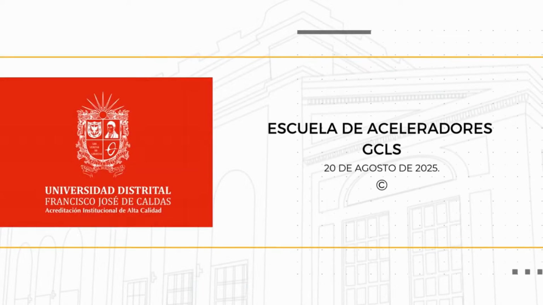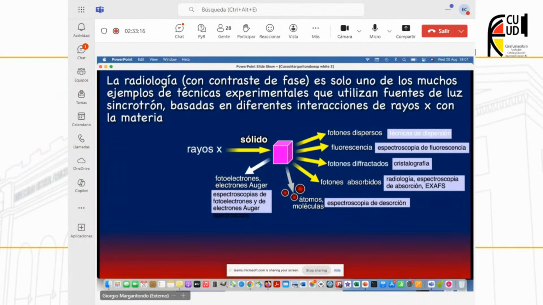That is, that there are many different interactions between X-ray photons and solids or molecules, and each one of these is producing one or more experimental techniques. Here, you don't have a complete picture. You have a subset of interactions and a subset of techniques. The broader picture is much, much wider, but the basic message is still there.